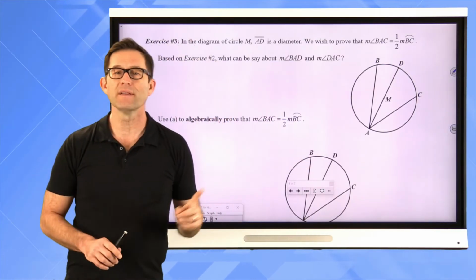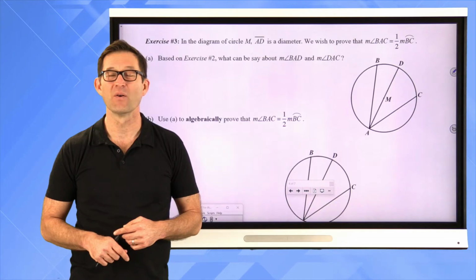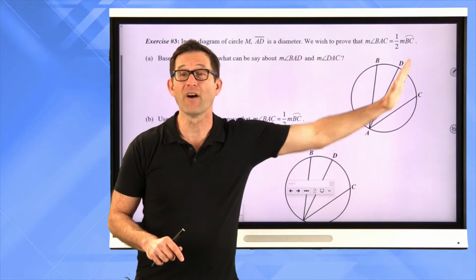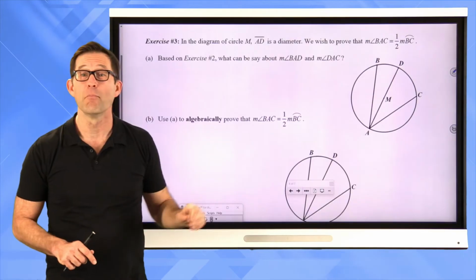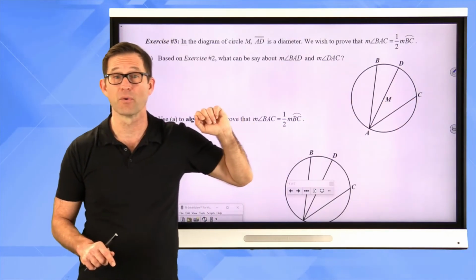Okay, well, let's take a look at letter A. Based on exercise 2, the one that we just did, what can we say about the measure of angle BAD and the measure of angle DAC? All right, so in other words, what I did is I took this particular angle and I drew a diameter in between it, breaking it up into 2 cases, just like exercise number 2.